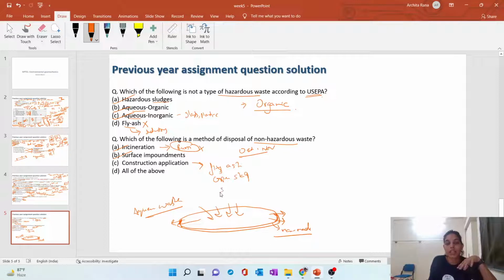And then there are scrap tires which can be used in roads and the transport industry. So construction application is also important for non-hazardous waste disposal. So these three methods are there. There are other methods that are discussed, but I just used three.